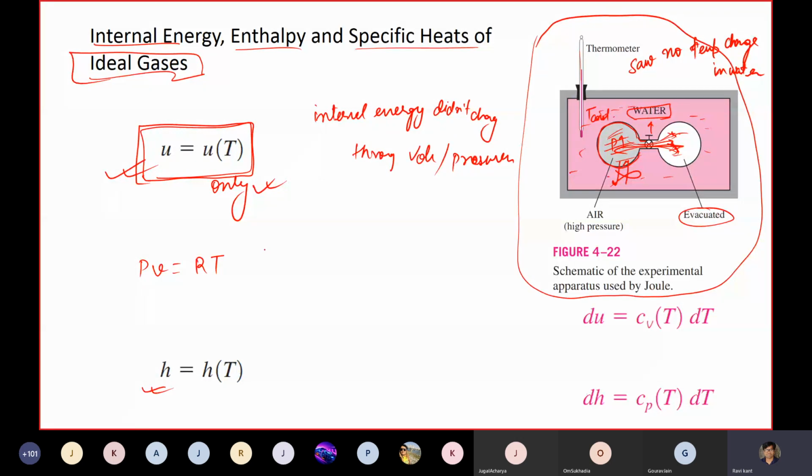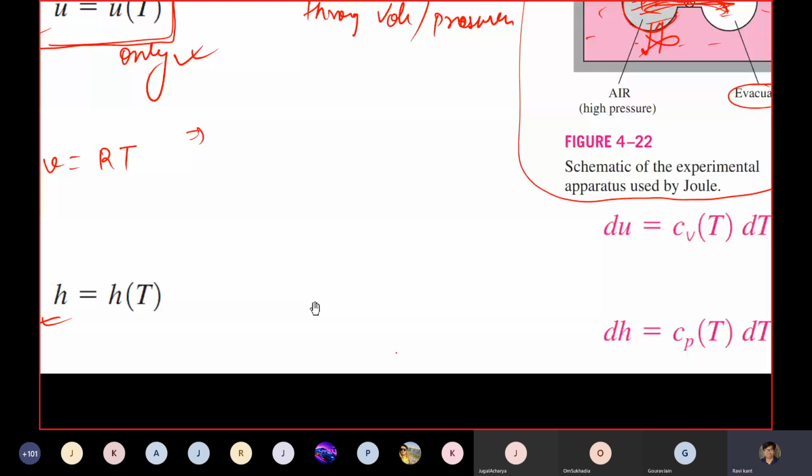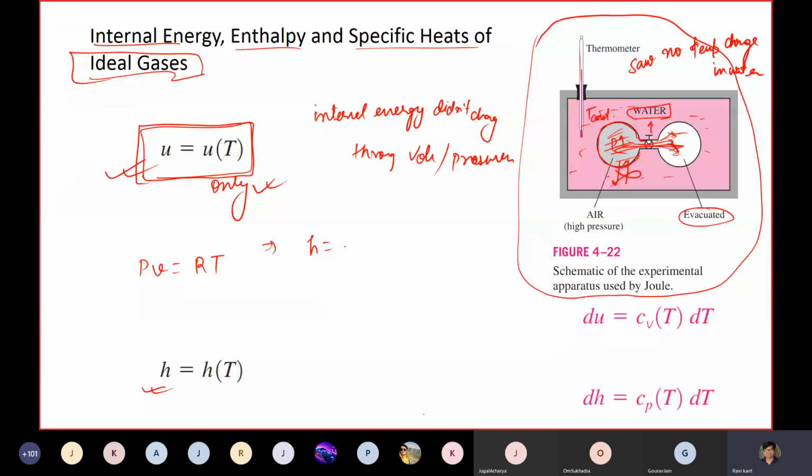Yes. Enthalpy can be written as H is equal to U plus PV, and this PV is substituted here. So H is equal to U plus RT.